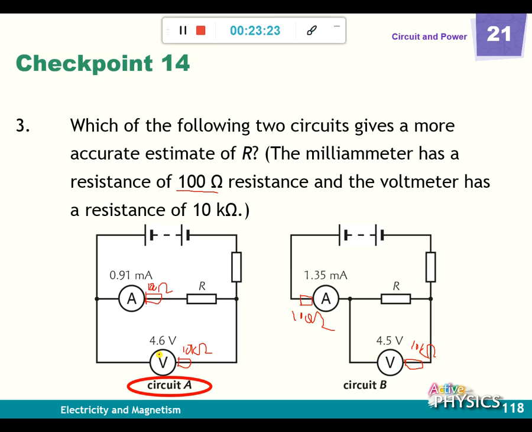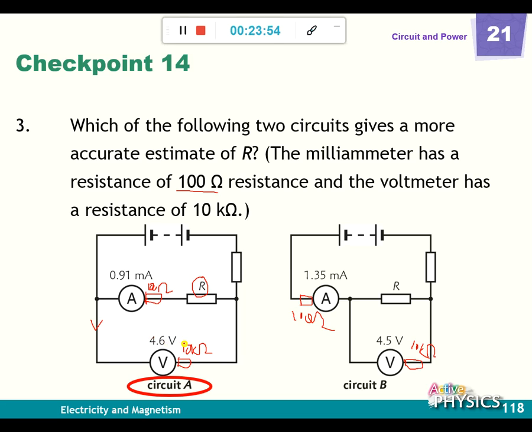Okay, look at this. Compare with this R. Okay, you can see that this one is 4.6 volt, and this one is 0.91. Okay, here we will usually think that this current should be very small.